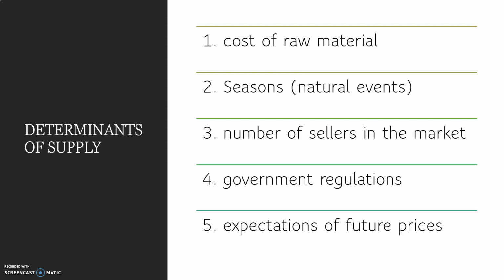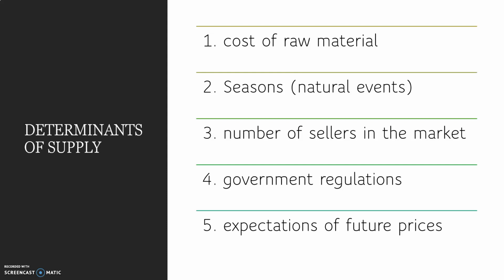Government regulations could exist, and these regulations could be negative or positive. They could be regulations that encourage increased production, or the regulations could discourage production. There could also be an influence on the level of supply that is based on expectations of future prices.